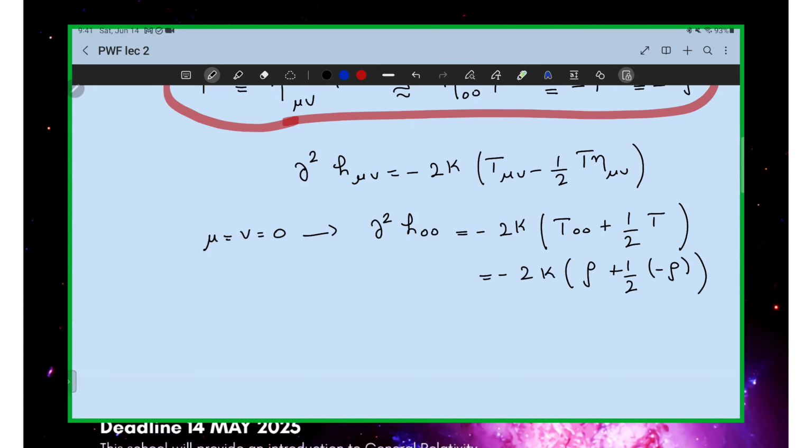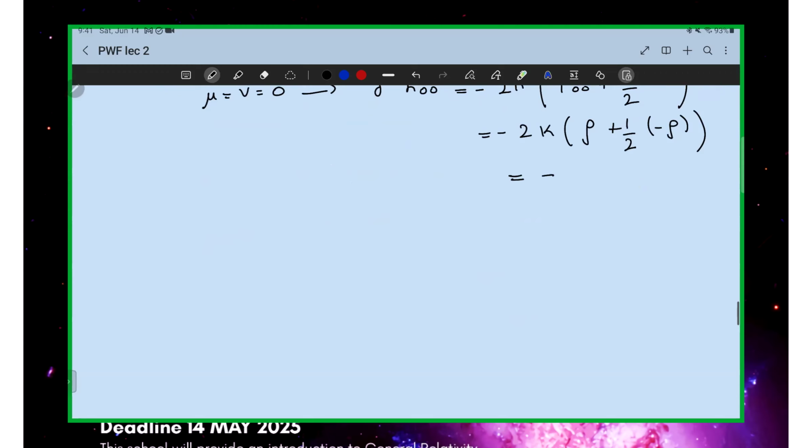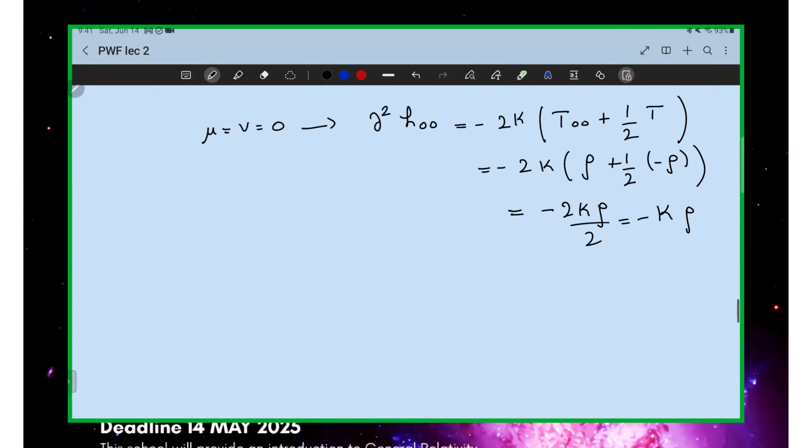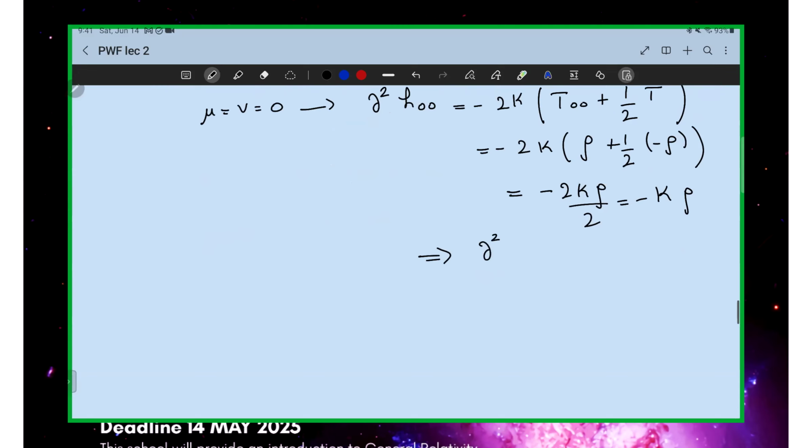So this gives you minus 2 kappa rho over 2, which gives you minus kappa times rho. Okay, so it means that you get this equation: minus kappa times rho.